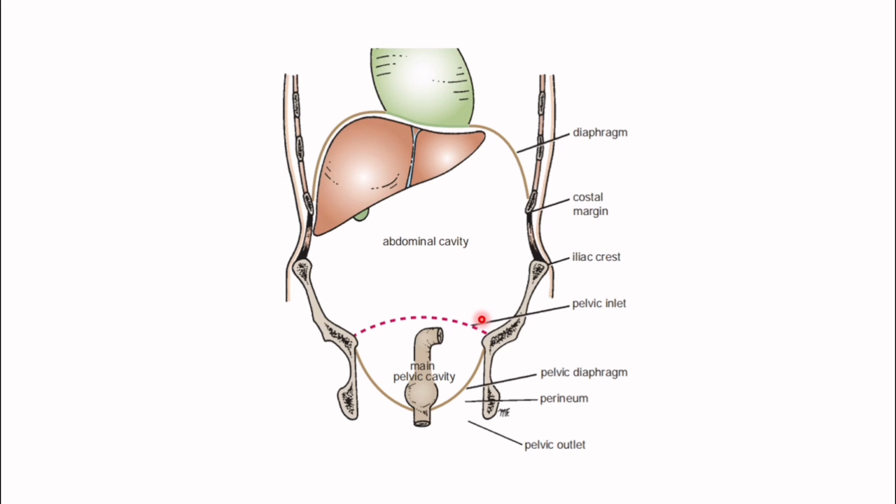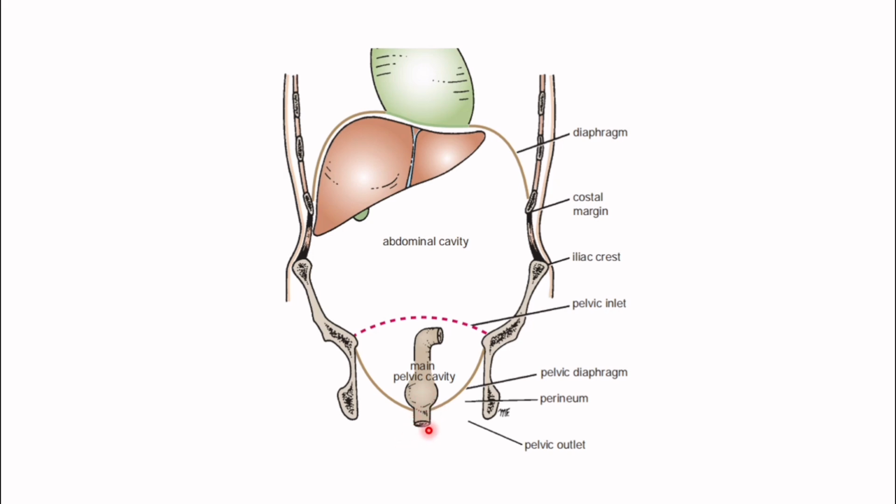Before the rectum changes to become the anal canal, it forms this dilatable part which you call the ampulla. When it forms the ampulla, it then pierces the pelvic floor, which you call the pelvic diaphragm.